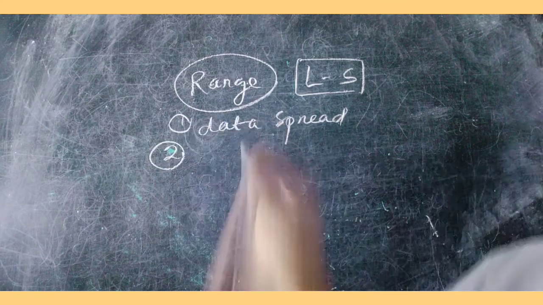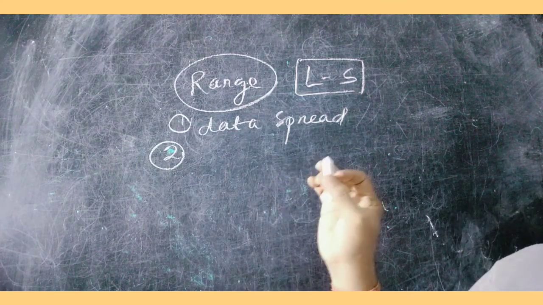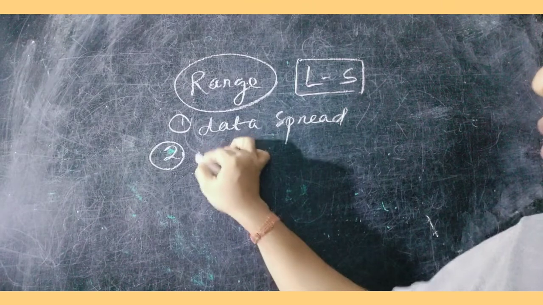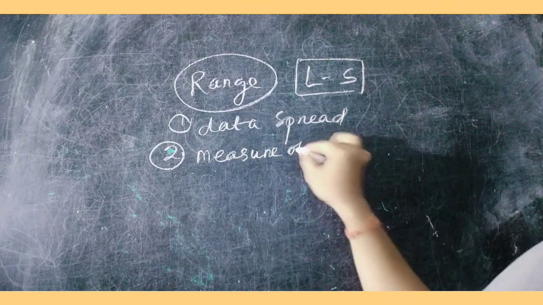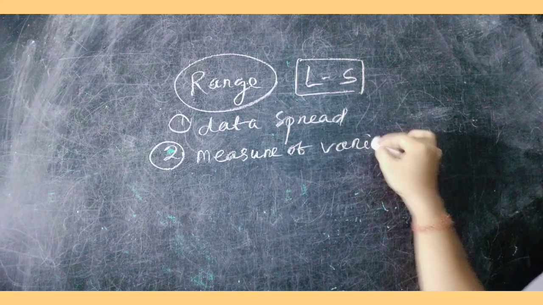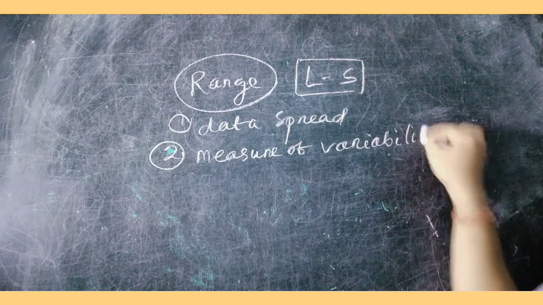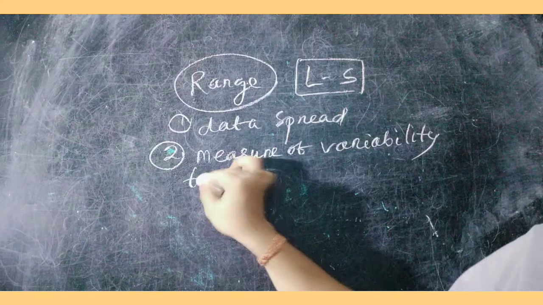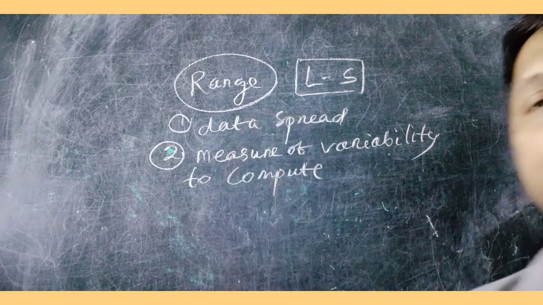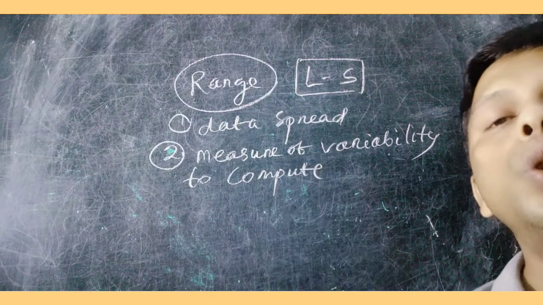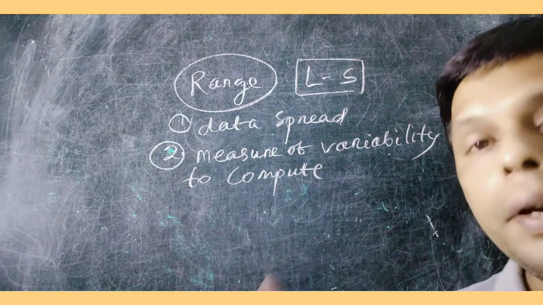The second is that it is the simplest measure of variability to compute for any statistical method. These are the two utilities of range.